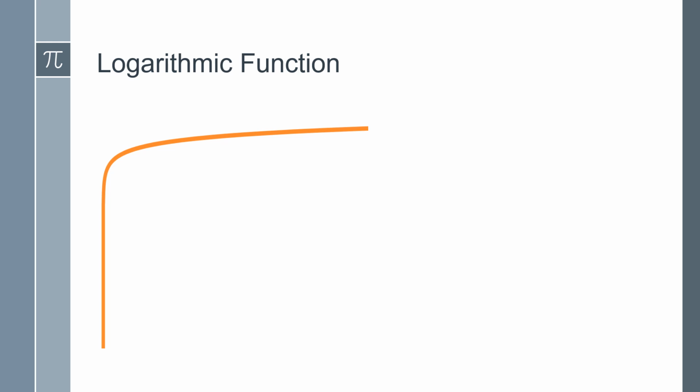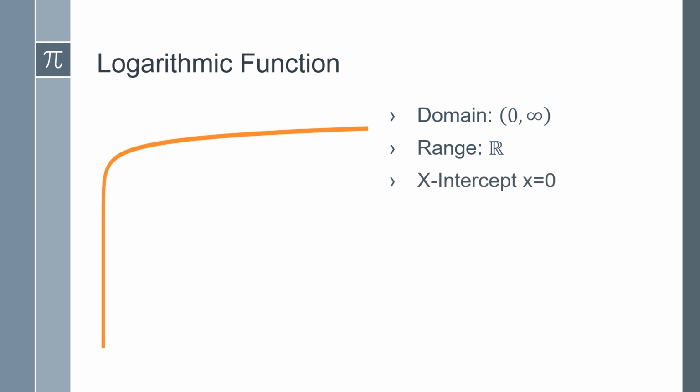Logarithmic. Now, a basic logarithmic function has a domain of 0 to infinity. So that means your domain will change depending on the kind of logarithmic function. However, your range is always, forevermore, going to stay the same. Next, it will have an x-intercept.